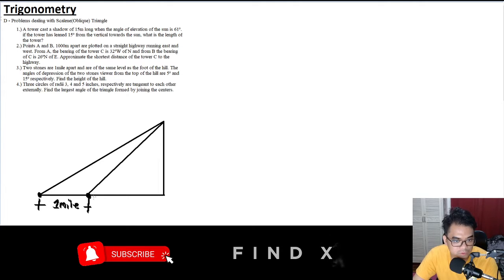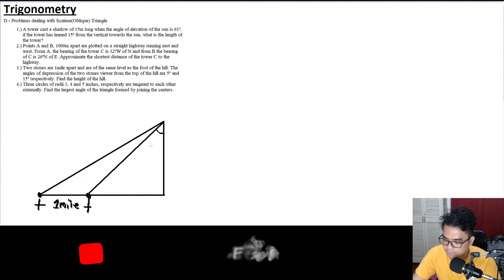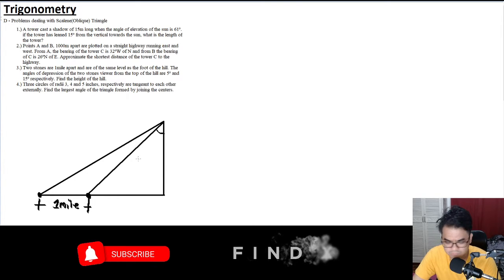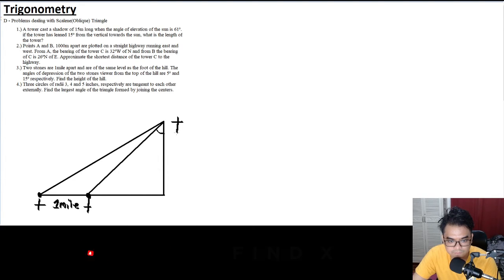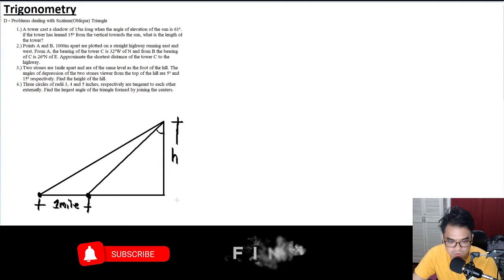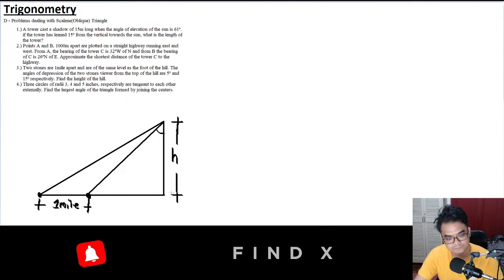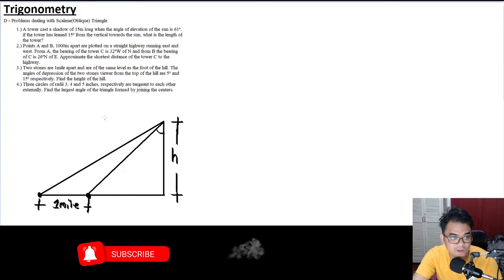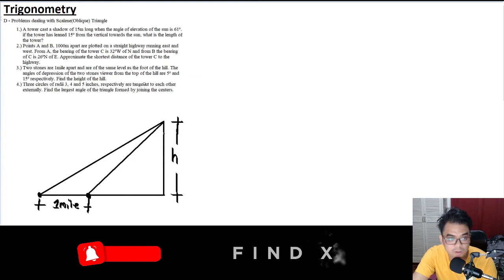What givens do we have? The angles are 5 degrees and 15 degrees, so this will become 15. Okay, so this is your hill, and let's say that this is h. Okay, this is the top of the hill. No, actually it's angle of depression. I forgot about it. It's angle of depression, so this should not be here.